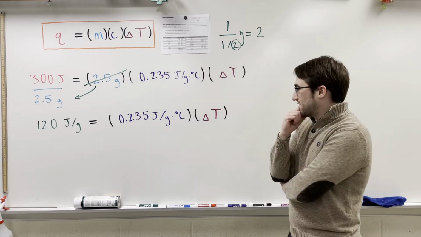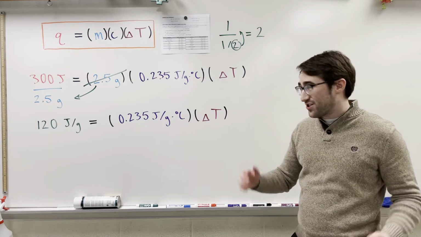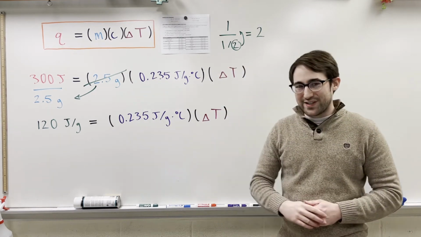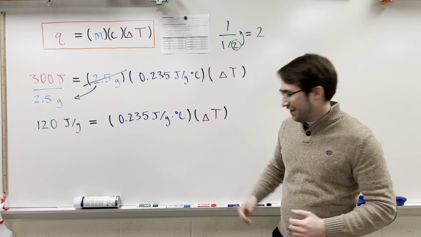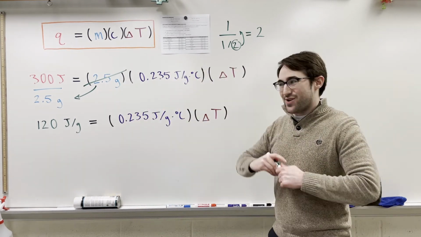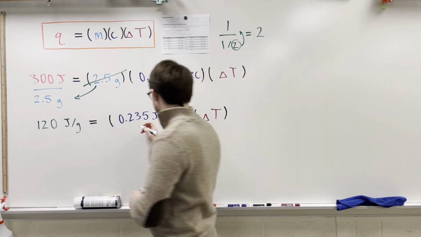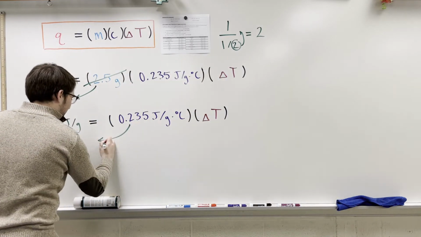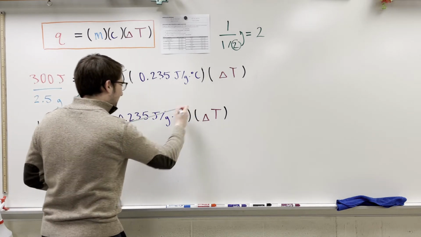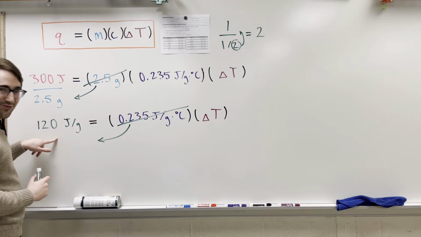Okay, so if I want to get my change in temperature alone, I've got to do another division. I've got to divide this from both sides, or we take the shortcut and we divide this over to the bottom of the other side of the equal sign. I don't really worry about the right side. I just say, it's gone. So I get rid of it over on the right side so that it can be divided over on the left side.